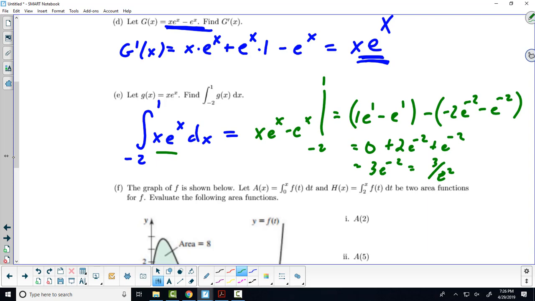Watch your negatives, though. Yeah, we got to watch the negatives, right? So this is our lower limit of integration, so it gets a -2. Where did this minus sign come from? That minus sign came from the fundamental theorem of calculus part 2. Remember, the fundamental theorem says you take capital F of B minus capital F of A, which is what all of this is right here.